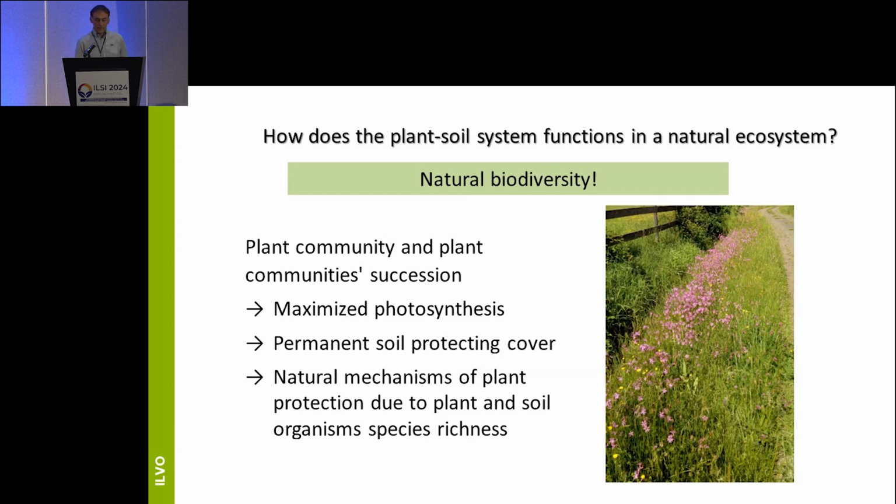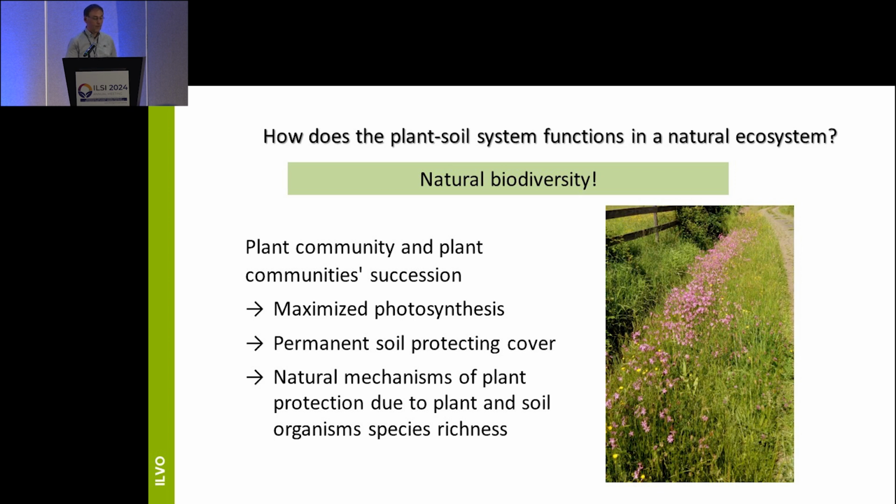A third point is that in a natural ecosystem, you have biodiversity. You have a plant community, and you have also plant community succession. This maximizes the photosynthesis, and this also makes that the soil is permanently protected.